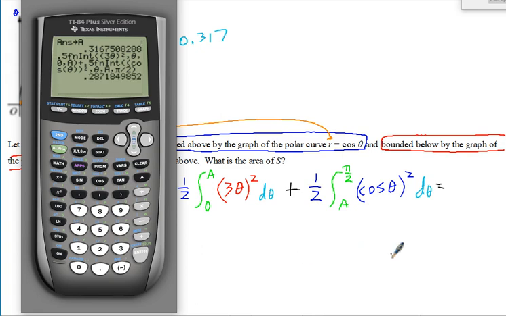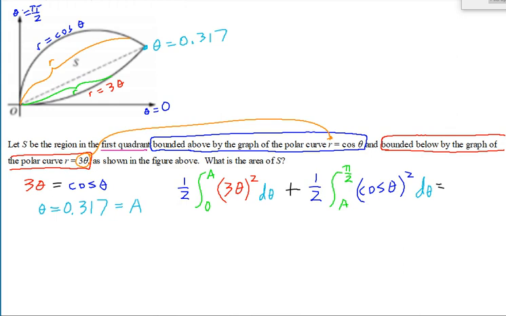And we get 0.287. And if you notice, that was a pretty small region there, so let's see why we got such a small answer. Again, if you want, you can put units squared, but you don't have to since we are not given specific units.